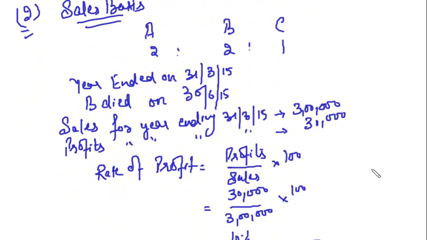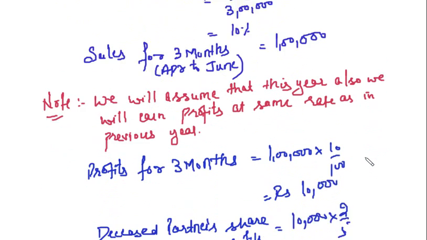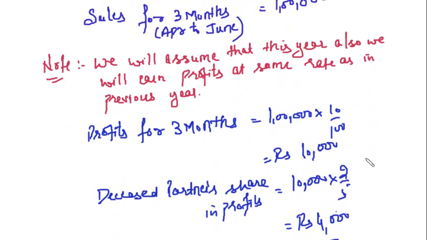In this, we calculate the rate at which we have earned the profits in the previous year, and then we assume that this year also we will earn the profits at the same rate, right? So we can apply this rate of profit to the sales for 3 months that will be given, right? This way we can get the profits for 3 months, and then we can calculate the deceased partner's share in profit.